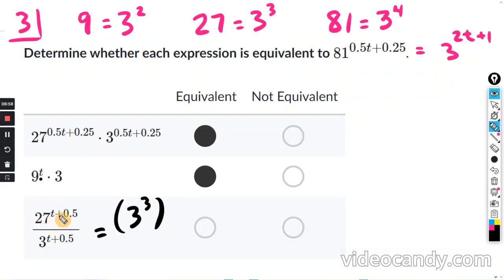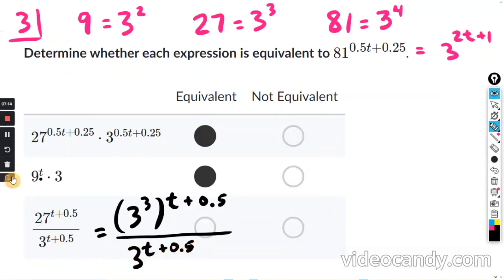And 3 to the third is raised to the power of t plus 0.5. And that's divided by 3 to the power of t plus 0.5. All right, so we have the 3, and this is something with an exponent raised to another exponent.